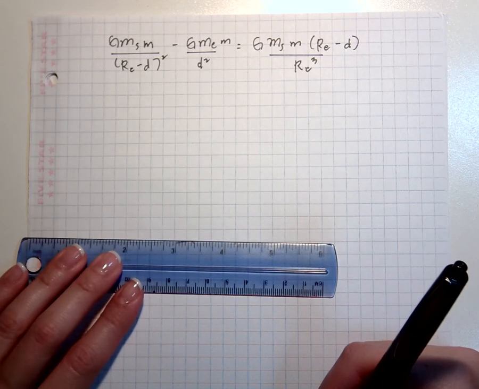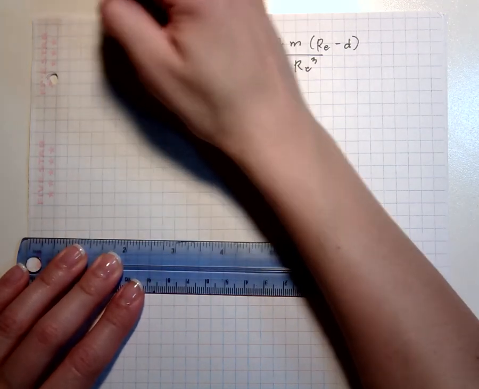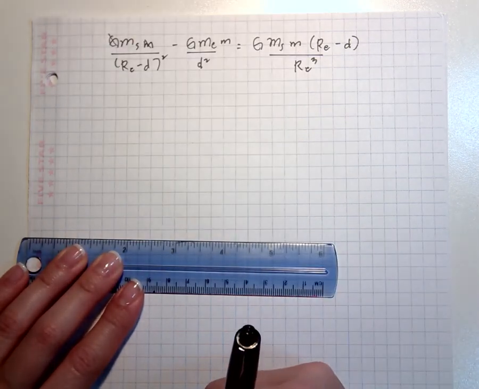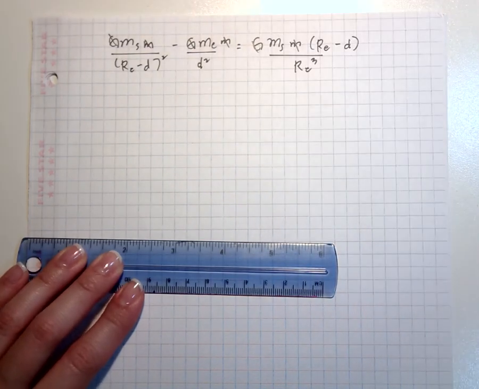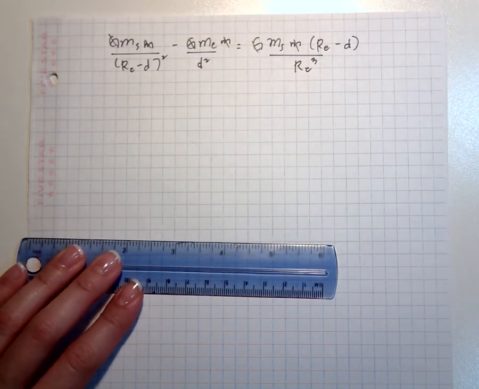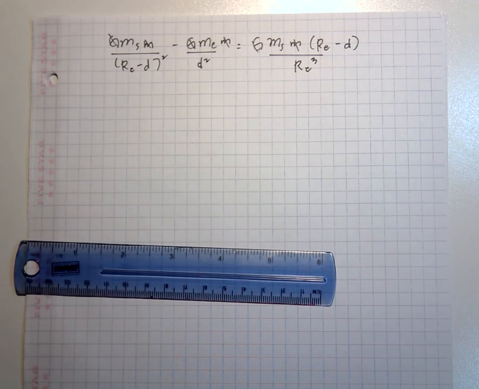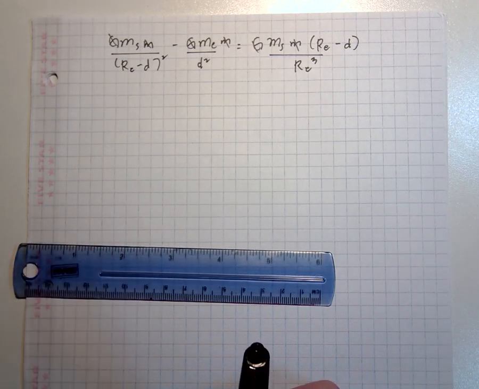So now one thing we can do immediately is each term has a G and the mass of the satellite. Divide each term by G and the mass of the satellite. The other thing we're going to do is try to figure out which term we can apply the binomial expansion to. So, what's our assumption?